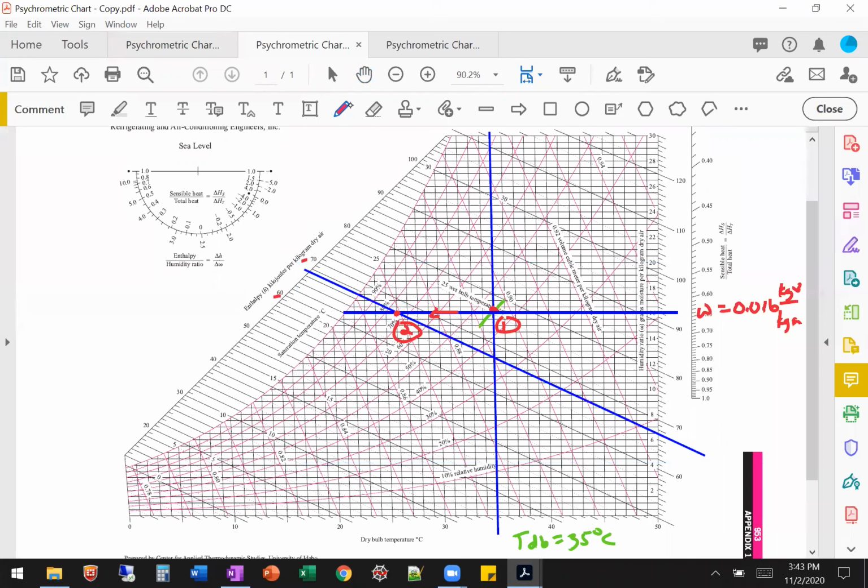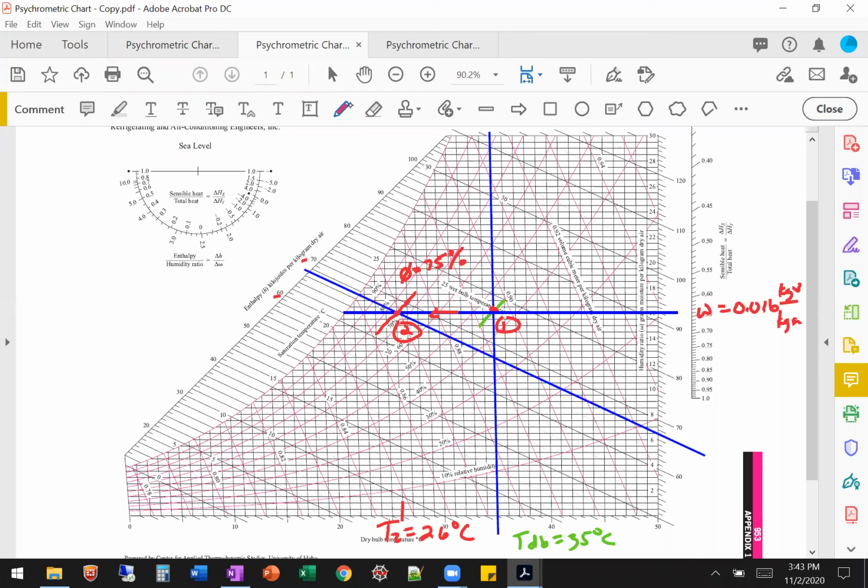And then we needed our exit temperature off of that, which was down here. It's our 26 degrees Celsius. We had relative humidity between the 70 and 80, so it's about 75%.